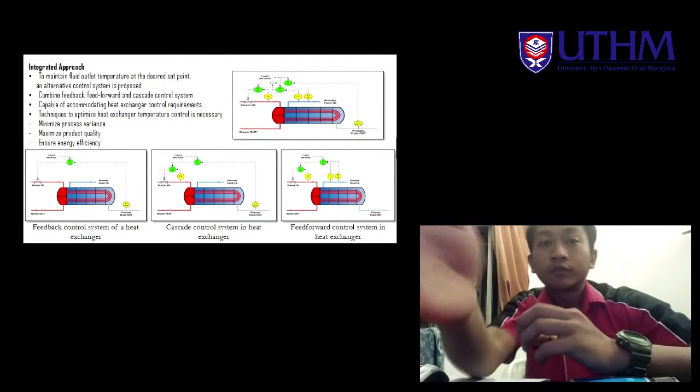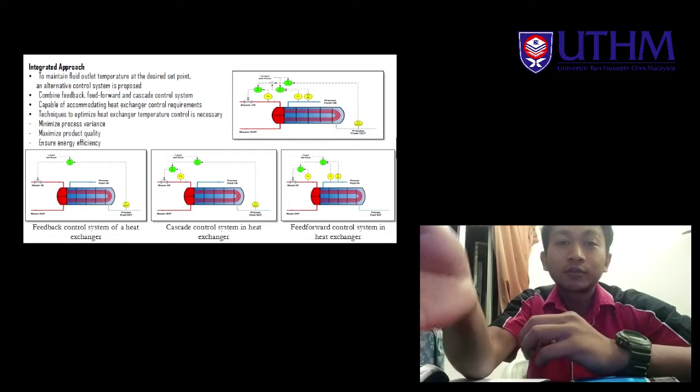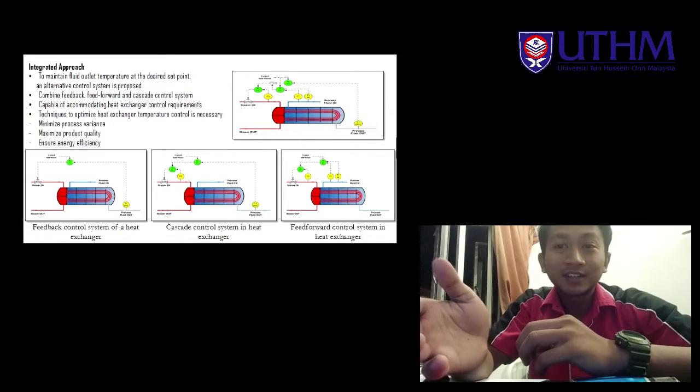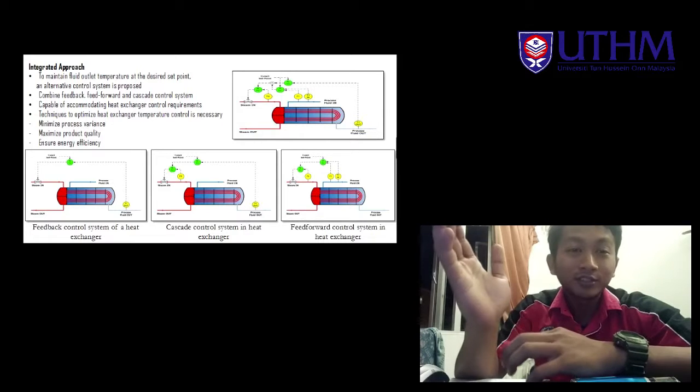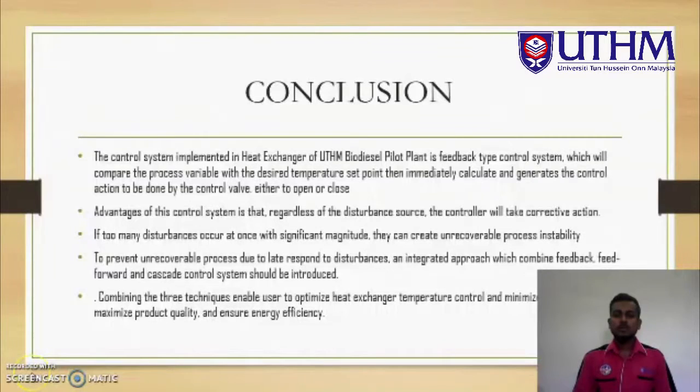Here are figures for the control systems in the heat exchanger: feedback control system of a heat exchanger, cascade control system in a heat exchanger, and feed forward control system in a heat exchanger. To conclude, we are using a feedback type control system in the heat exchanger of the UTSM biodiesel plant, which compares the process variable with the desired temperature set point.